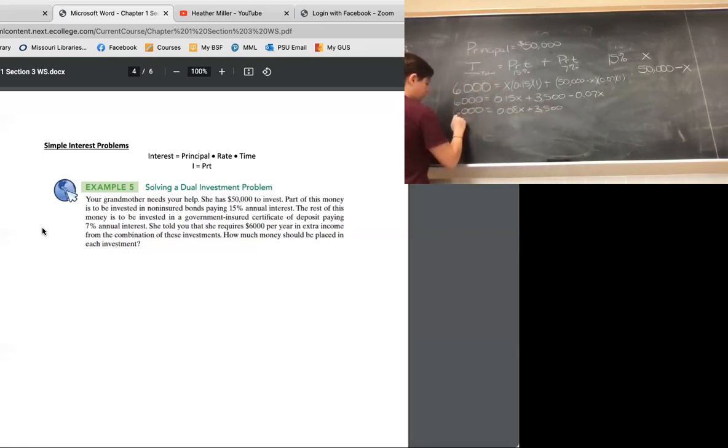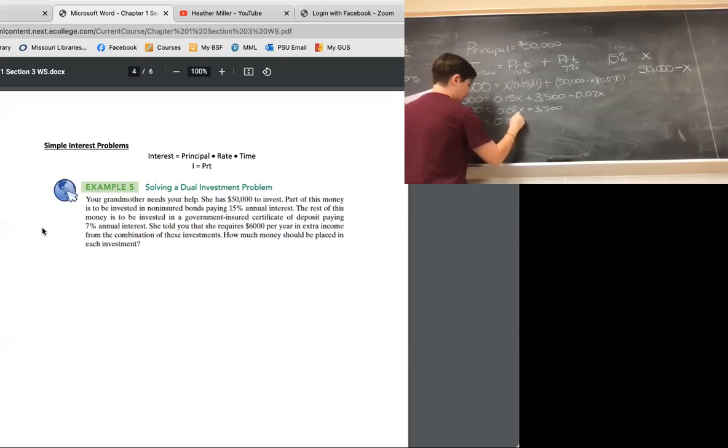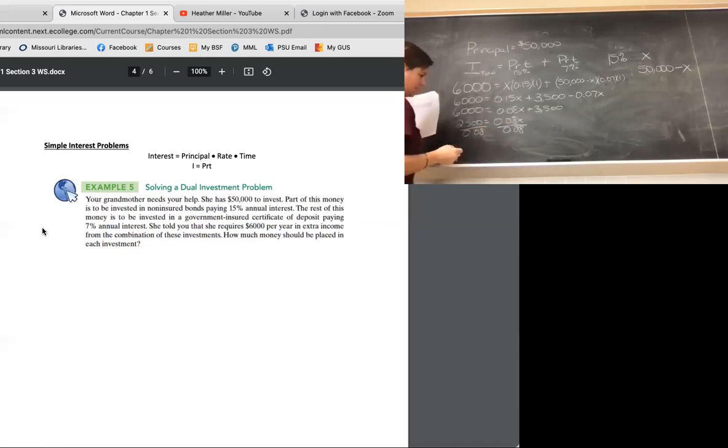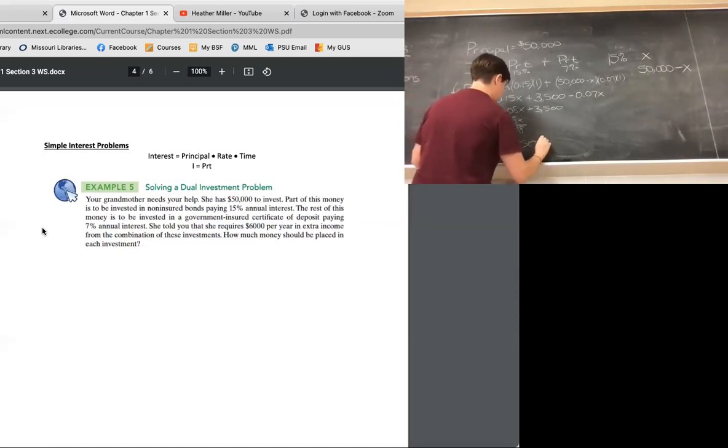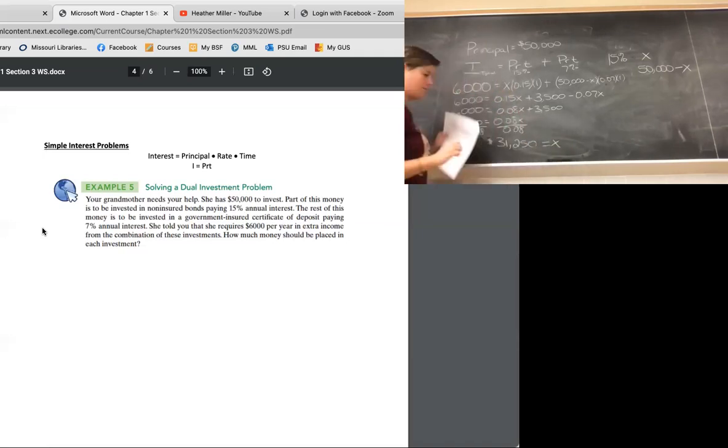Subtract our 3,500. 2,500 equals 0.08x. Divide both sides by 0.08, and that gives me 31,250 equals X.